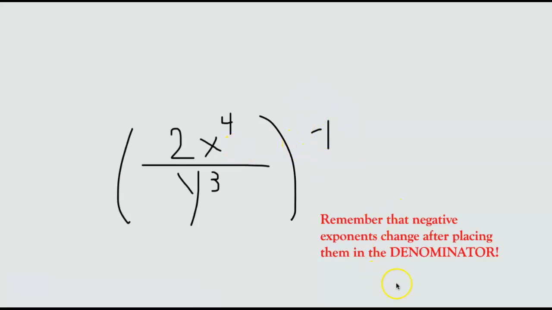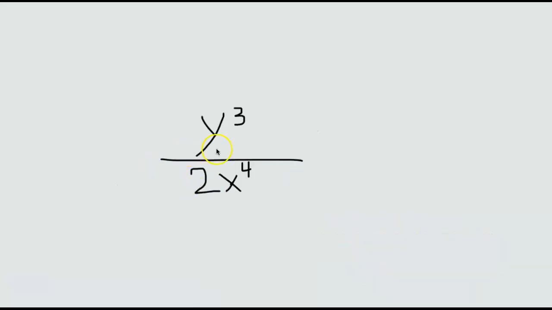So to cancel that, we have to remember that negative exponents change after placing them in the denominator. So then we eventually get rid of it by flipping, so the reciprocal of that. So then we'll have y cubed over 2x to the fourth power.